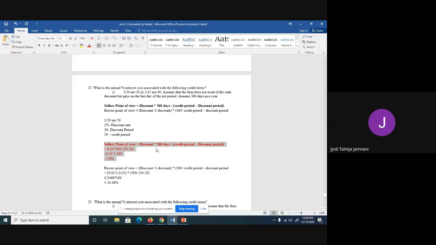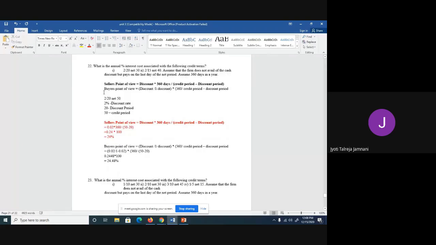Okay, so let's do it for the second question. In the same first question, there are two. So I've done one. Now we'll do the second. 2 by 15 net 40.